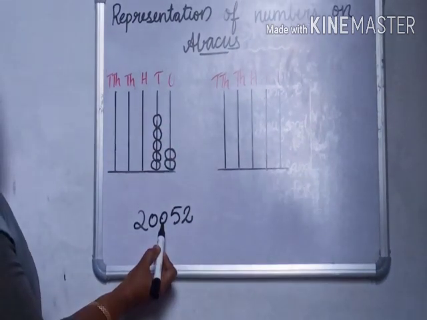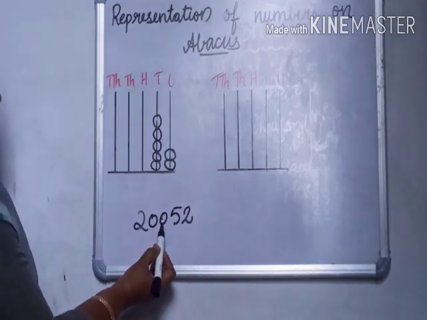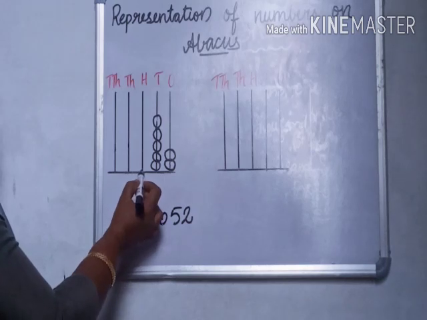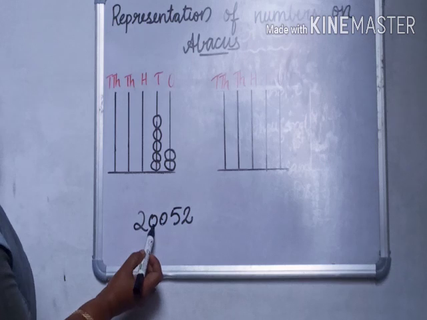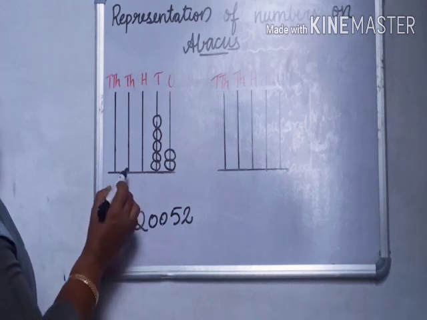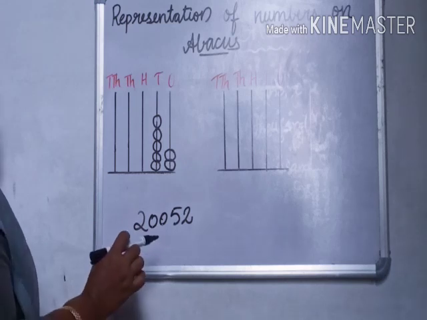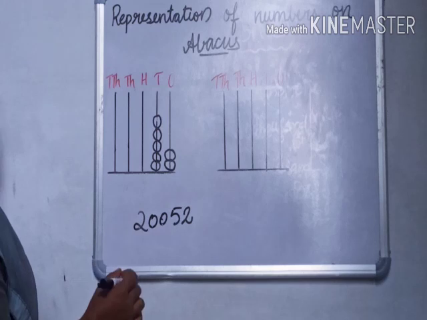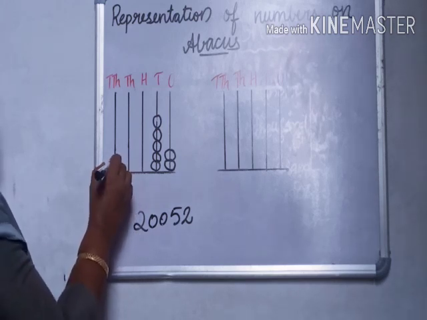Next place is hundreds place. Here hundreds place is 0. So no need to put any beads here. And thousands place also 0. So no need to put any beads in thousands place also. Next is 10,000s place. Here in 10,000s place 2. So we have to put 2 beads here.